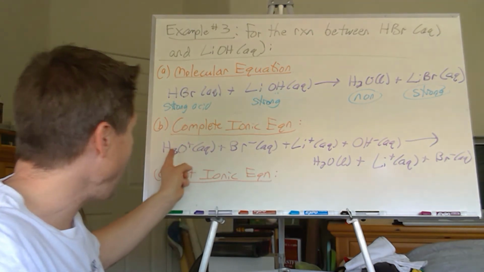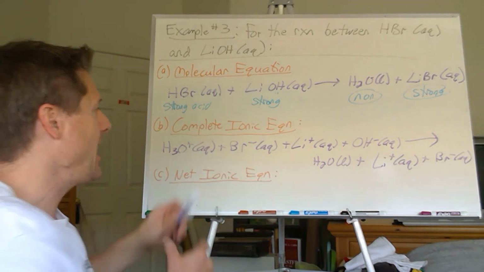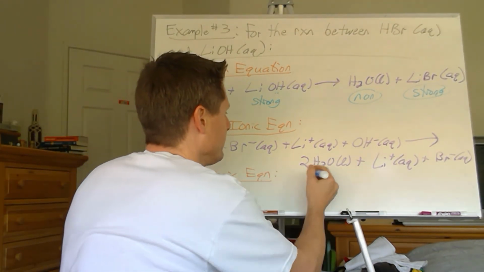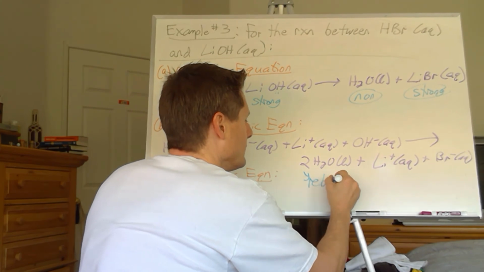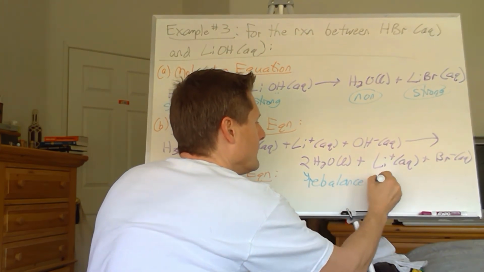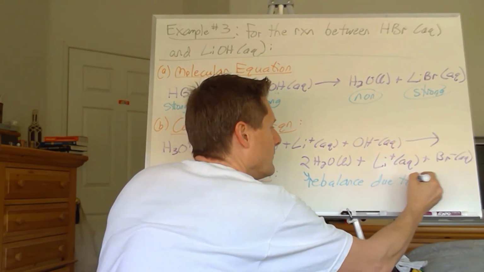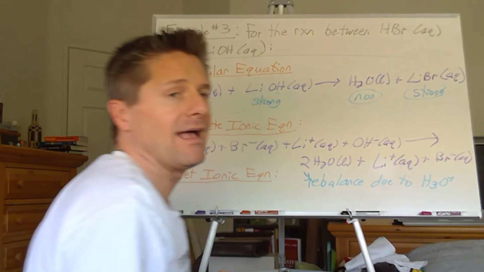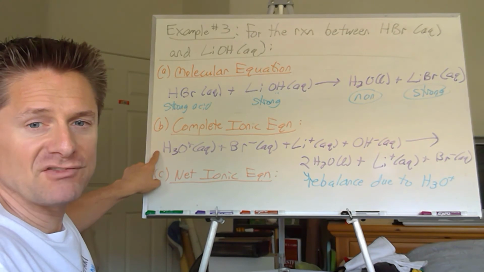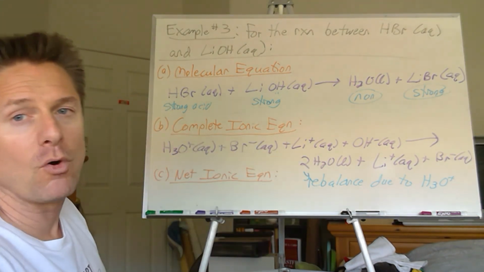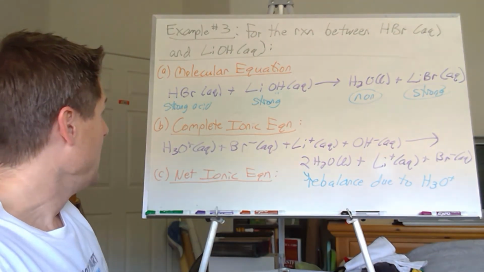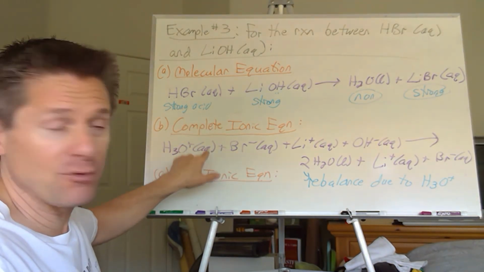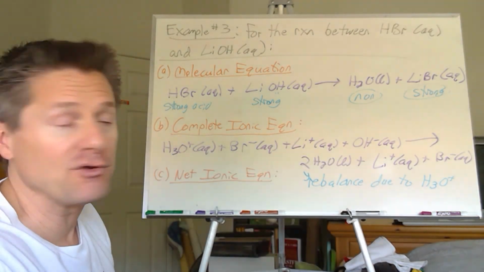We have to add, for every hydronium, an extra water to the other side. So whenever you use H3O plus, however many H3O pluses you have on this side, you have to add that many more waters to the other side. Right? So if you see people using H plus, you could switch this just by converting H plus to H3O plus and adding that many waters to the other side.